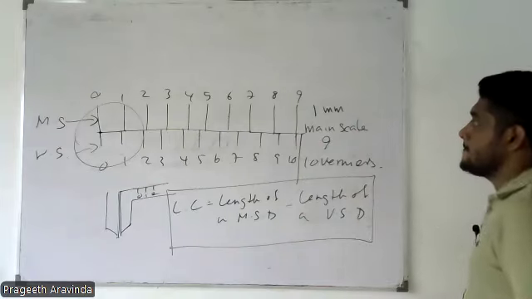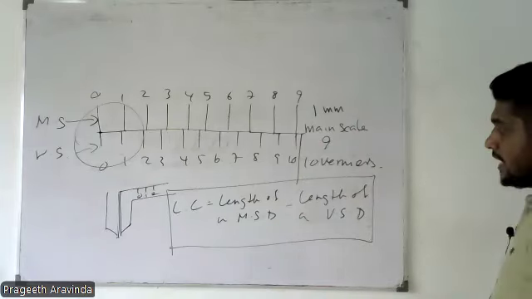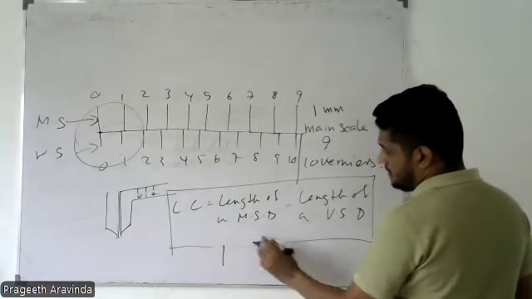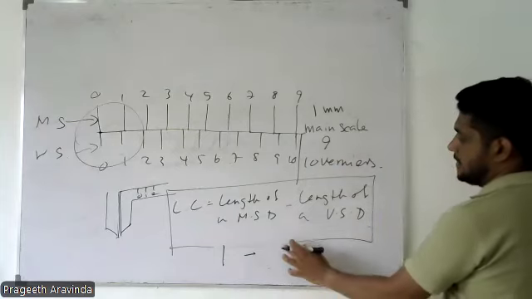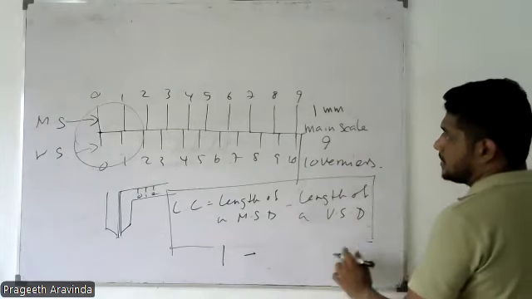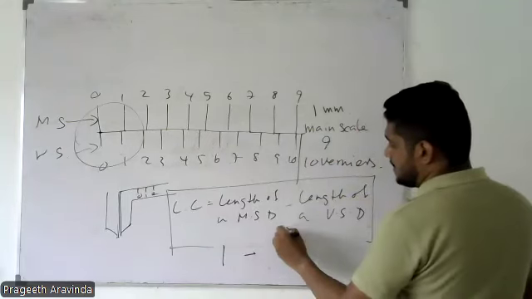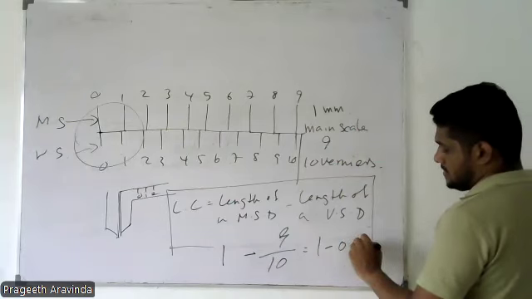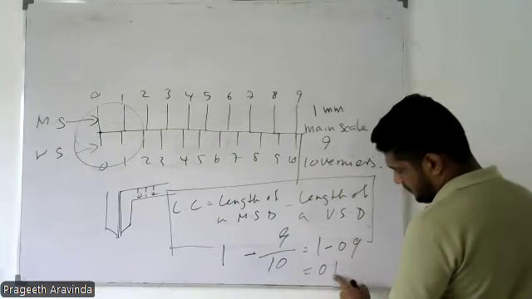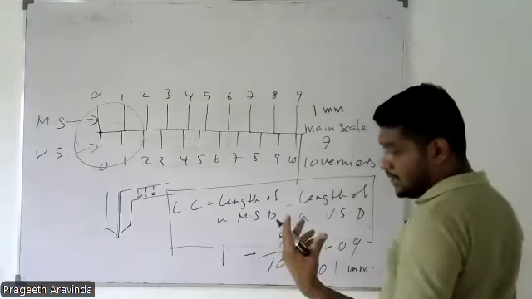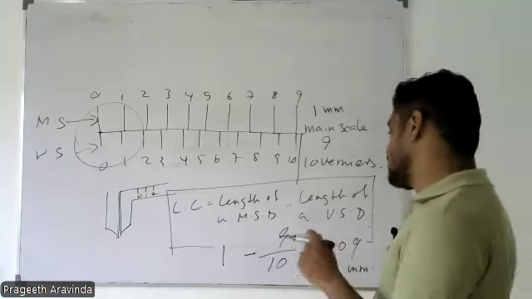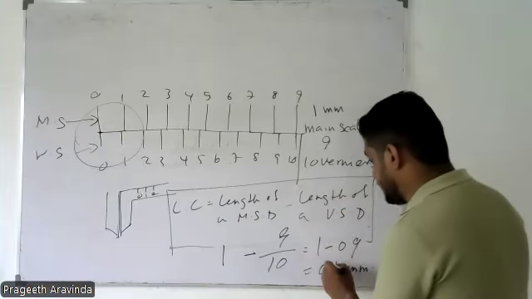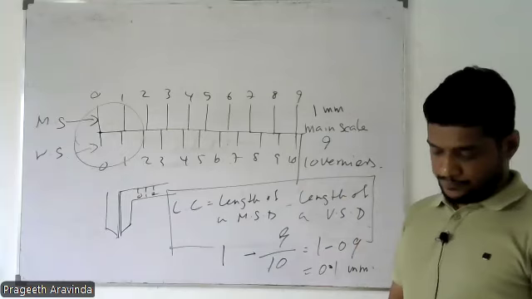The length of a main scale division is 1 millimeter, minus the length of a vernier scale division. 9 has been divided into 10, so 1 minus 0.9 is 0.1 millimeter. Now we have the ability to measure 1/10 of a millimeter.